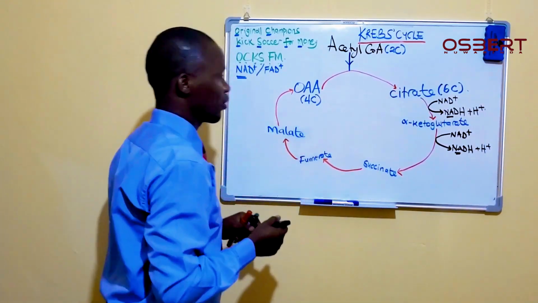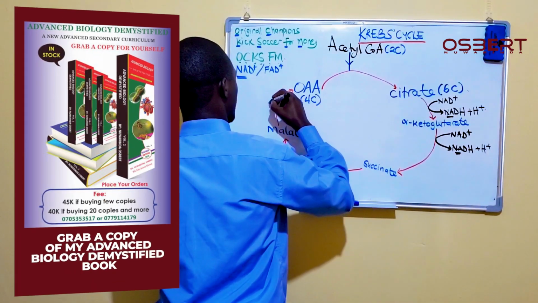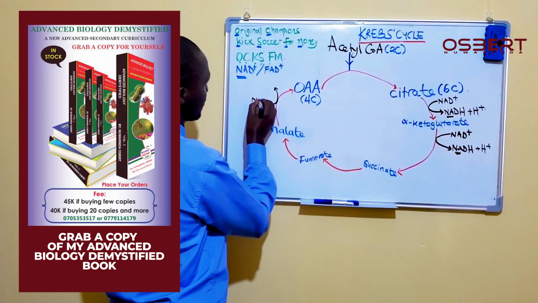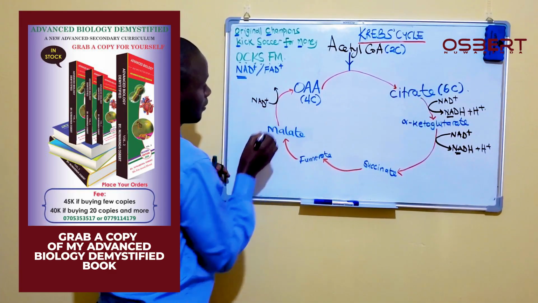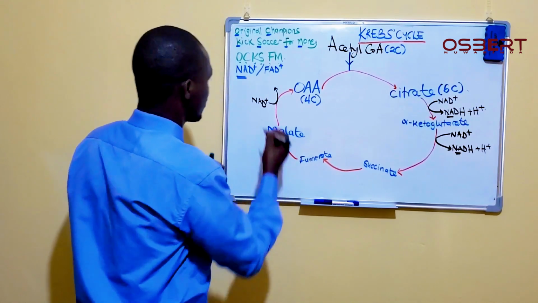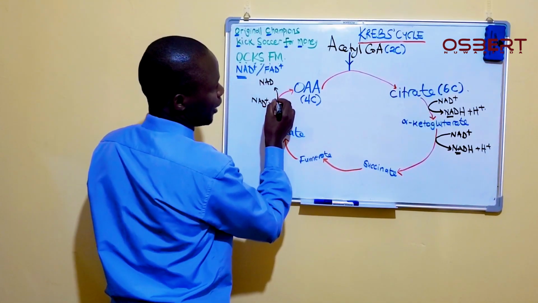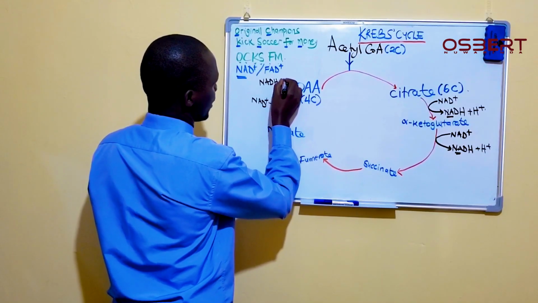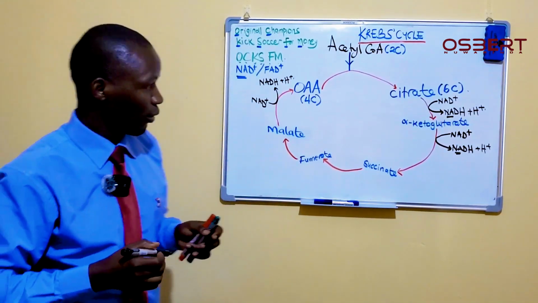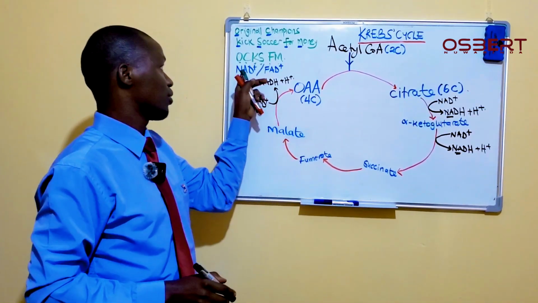Also at this point here, likewise, we shall have our NAD plus picking the electrons, picking the protons to turn into NADH, of course, plus hydrogen ions, done like that.